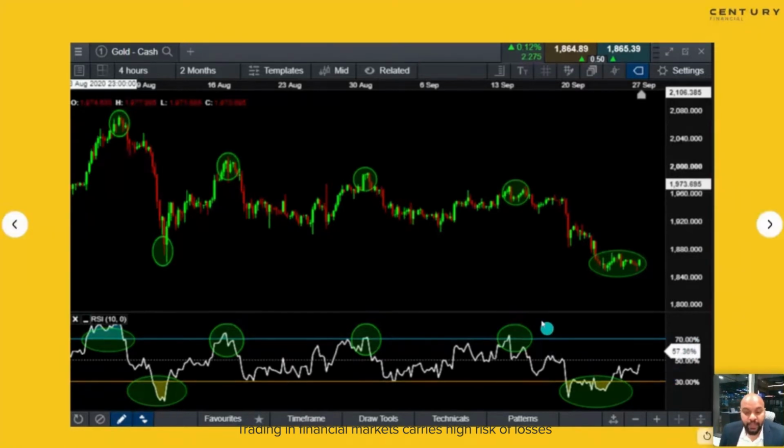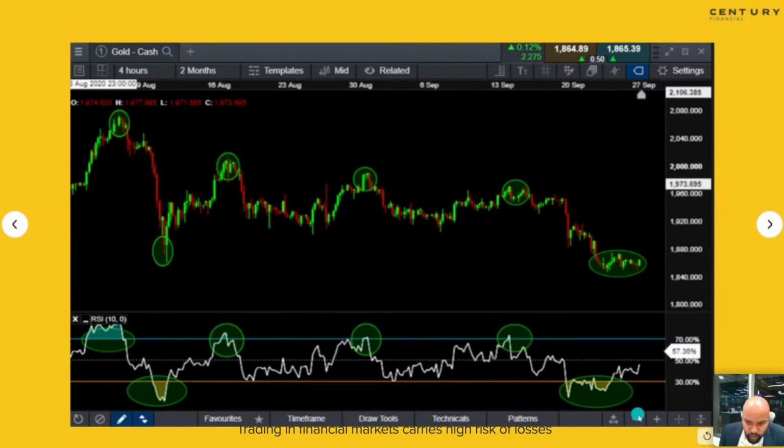So if you look at, let's start at the first circle that I see over here. If you look at this peak and if you look at RSI, RSI is indicating it is above the 70% and it is at overbought region. So hence you could get ready to see the market dropping from these levels, and vice versa.